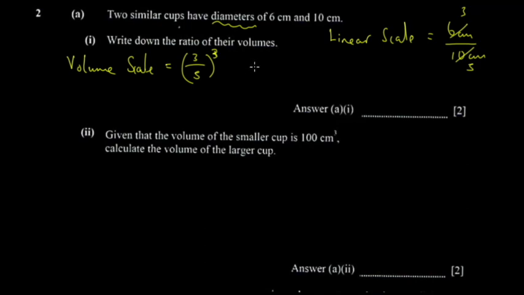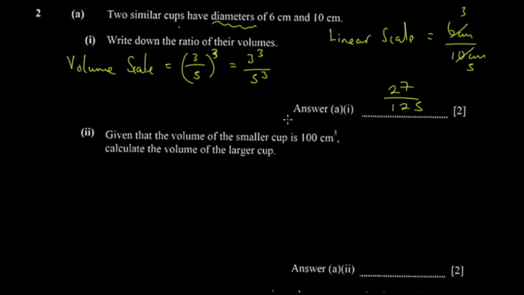Why? Because you're cubing the length scale. So this is our linear scale or length scale. You have to cube it, and then once you cube it, now you get what? This is 3 cubed over 5 cubed. So you get 27 over 125, like this. This is your scale.